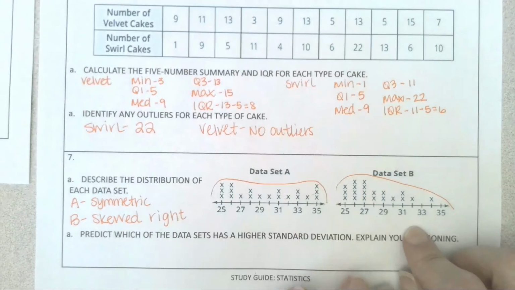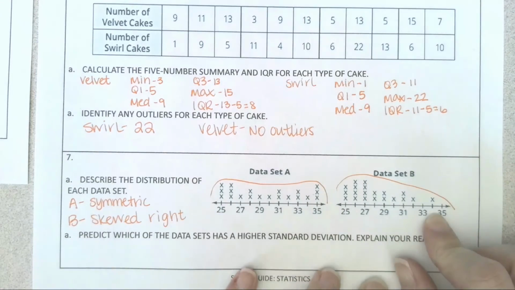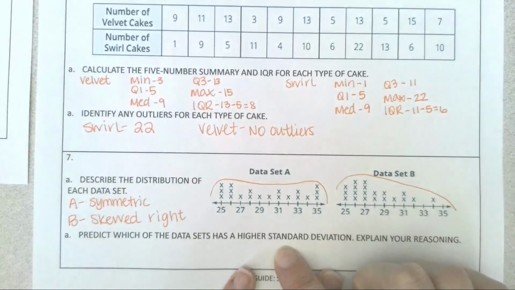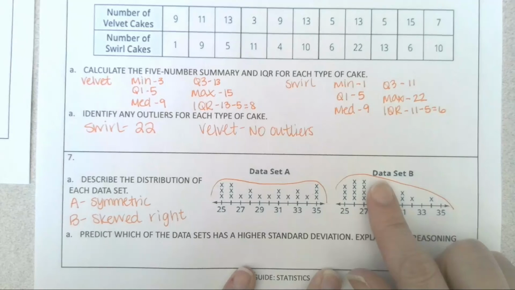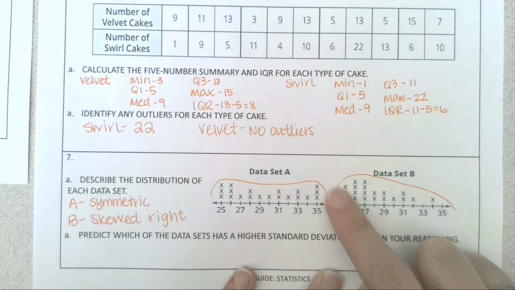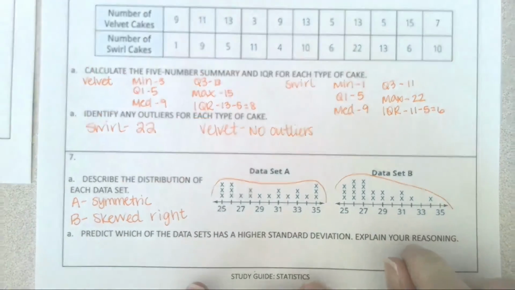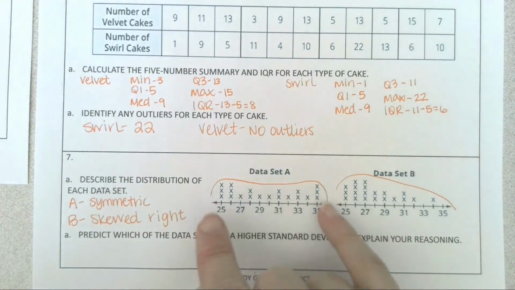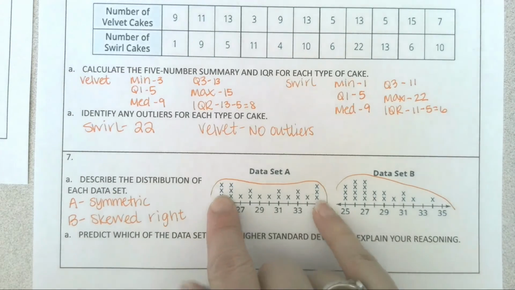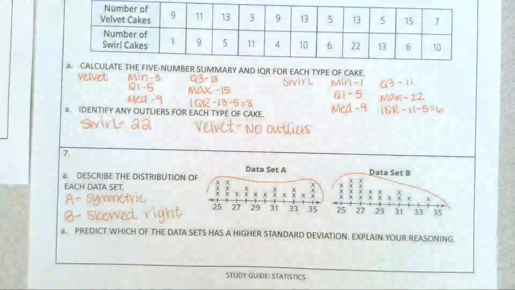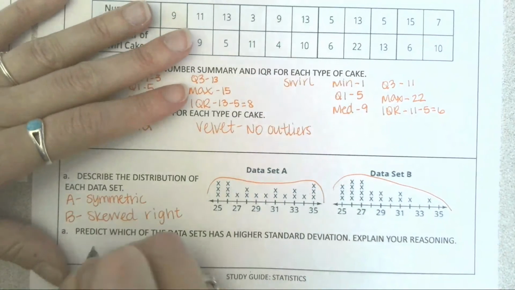Whereas in data set B, standard deviation goes with the mean or the average, and your average is probably going to be about here. There are a lot of values to one side of your average, but not a lot to the other side of the average. And so, because A has a lot of points on either side, that means that data set A is going to have a higher standard deviation.